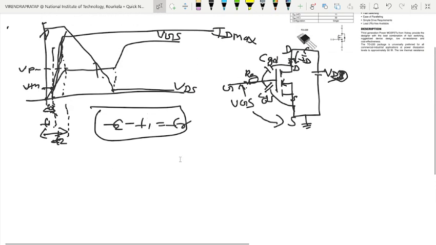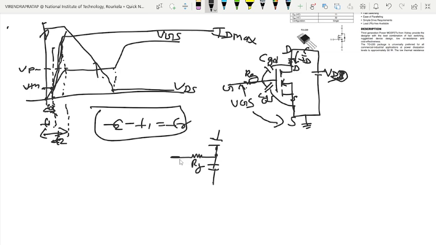Basically, it is an RC circuit. This is R, this is RG, CGS, CGD.